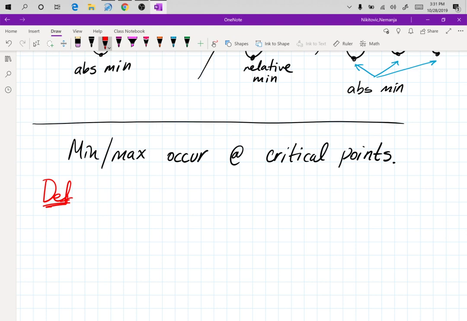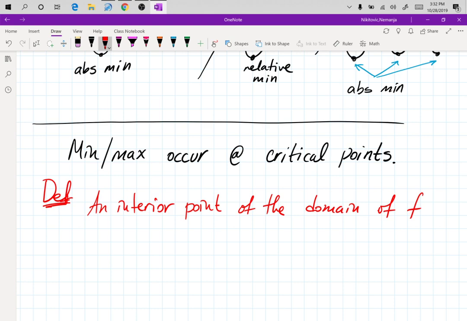All right, so let's do the definition. An interior point of the domain of f of x, right?